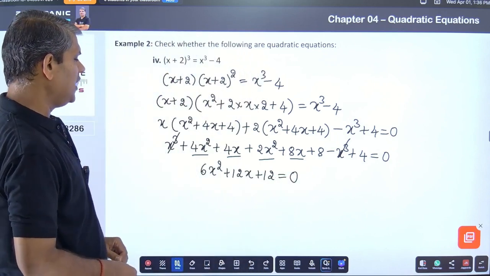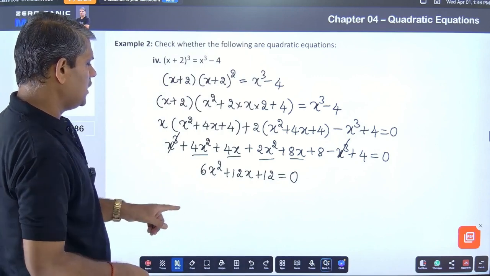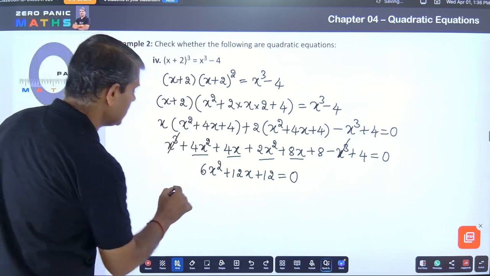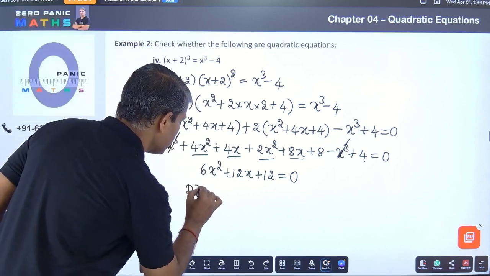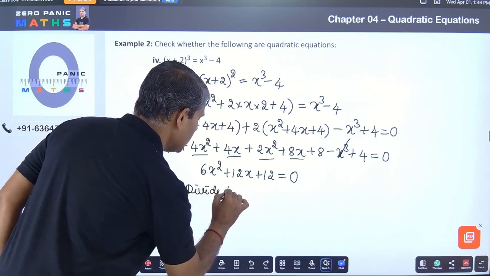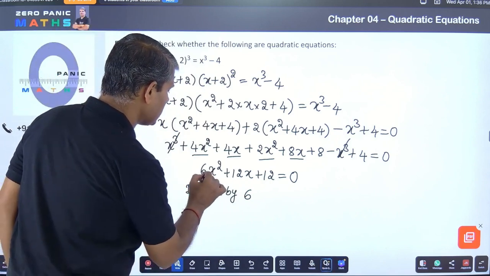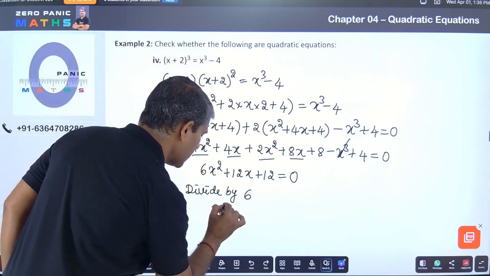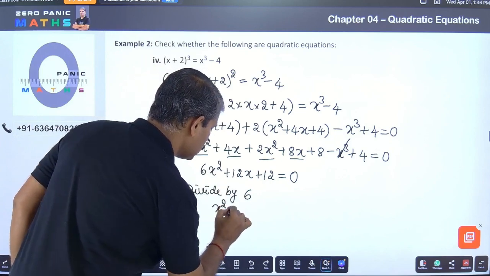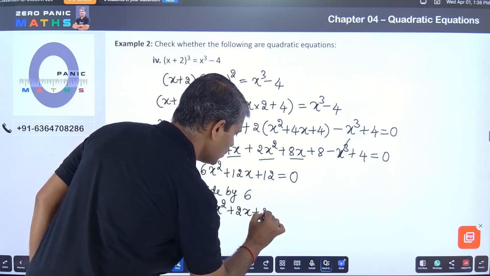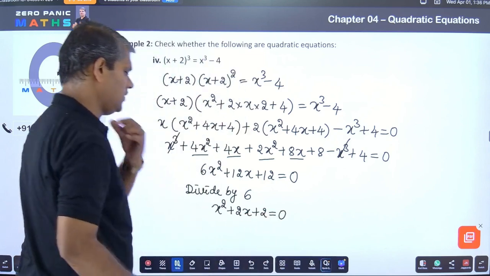Anything common I can take? You can take the common 6 or divide by 6. That can also be done, right? To make it simpler, dividing by 6 will give me x square plus 2x plus 2 is equal to 0.